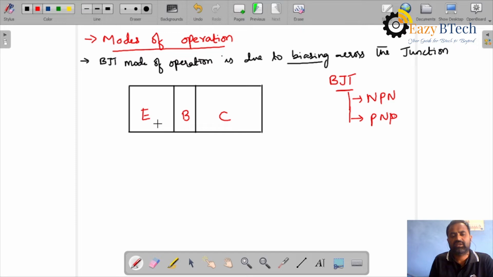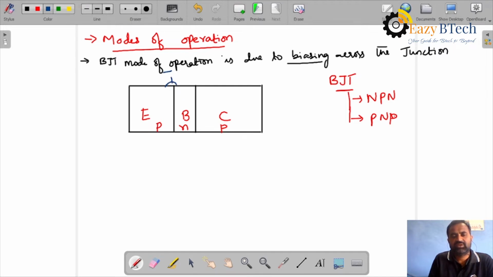Suppose you are taking a PNP. Now here, between P and N you have a junction.